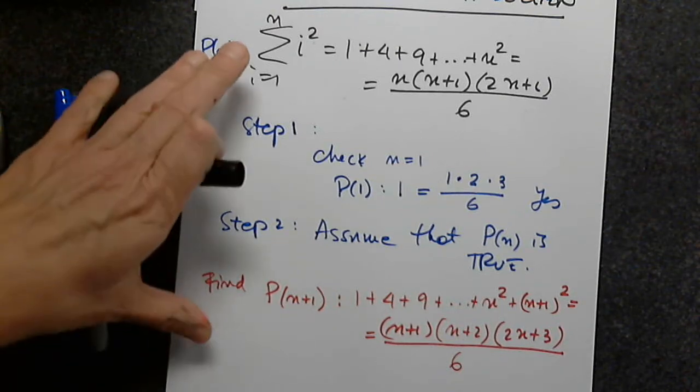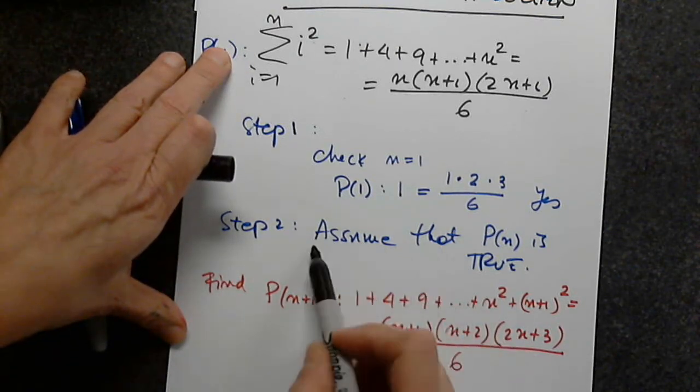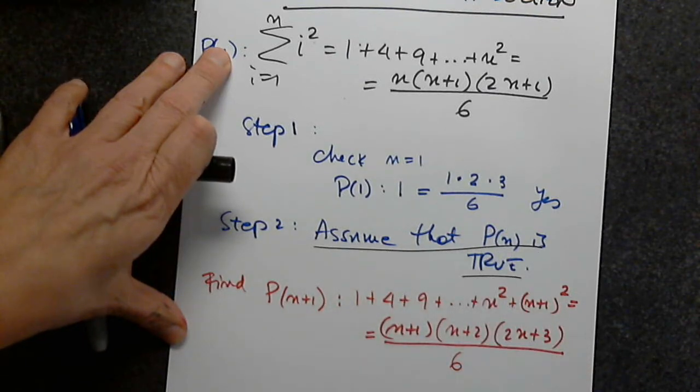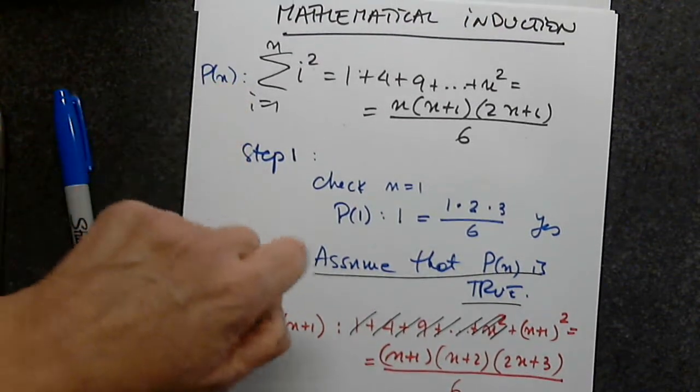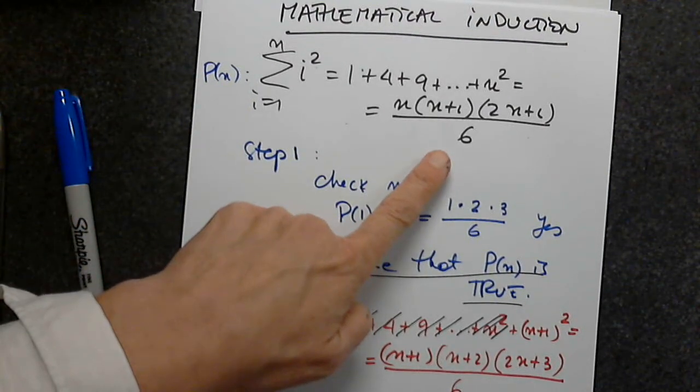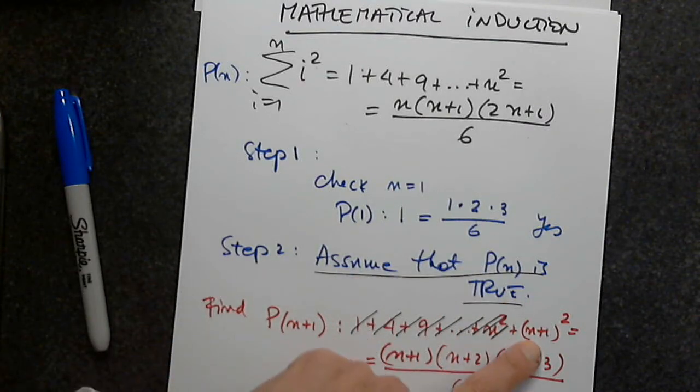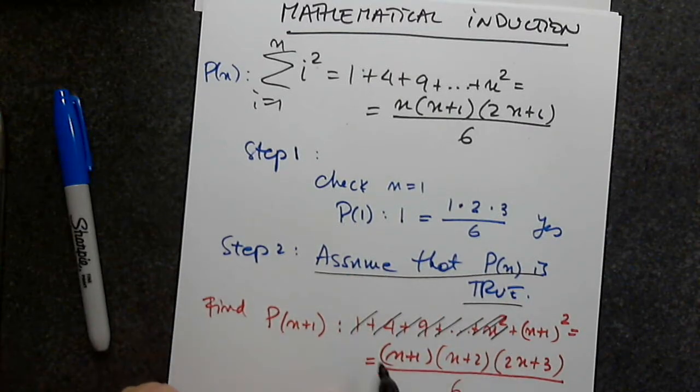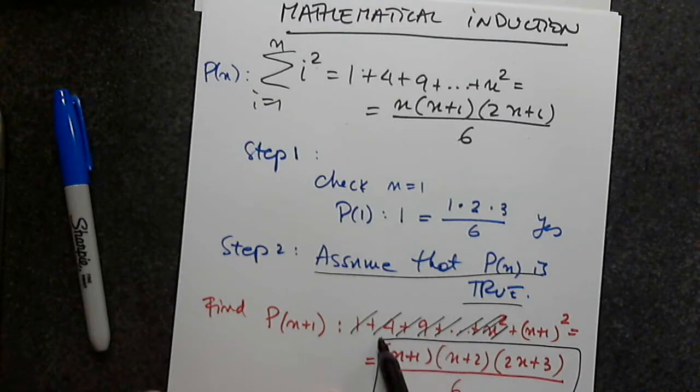And now I will say, fine. If Pn is true, then I can replace all this by what it equals to. I'm going to add (n plus 1) squared. And if I get this, I will say my assumption was correct.